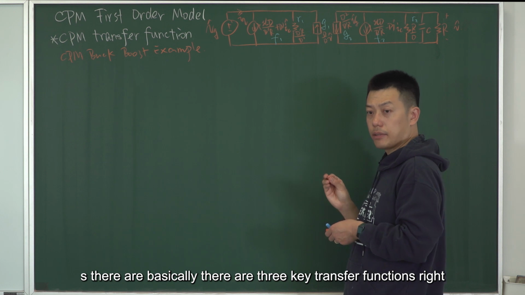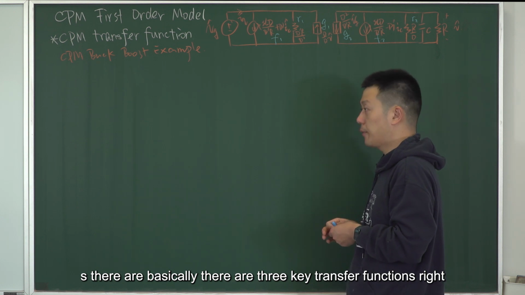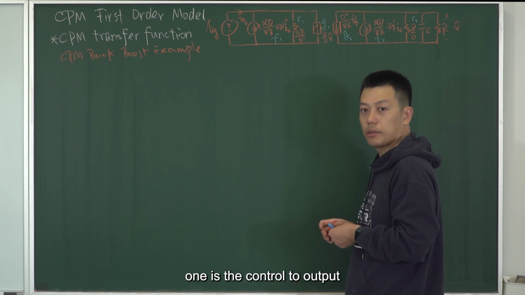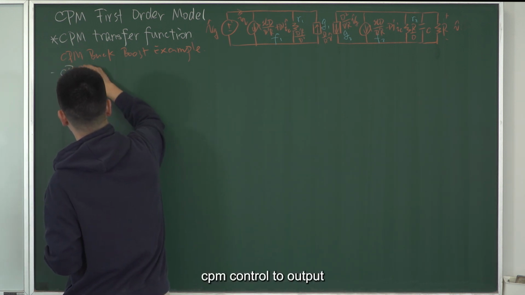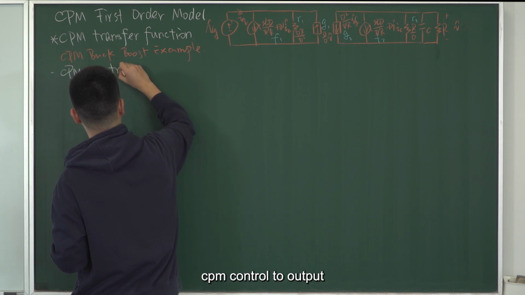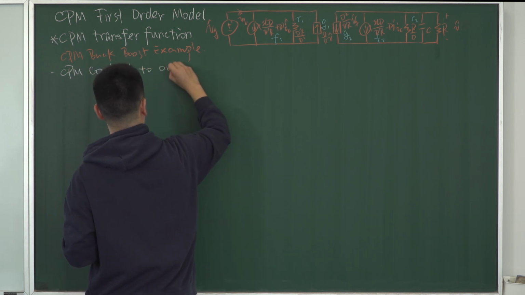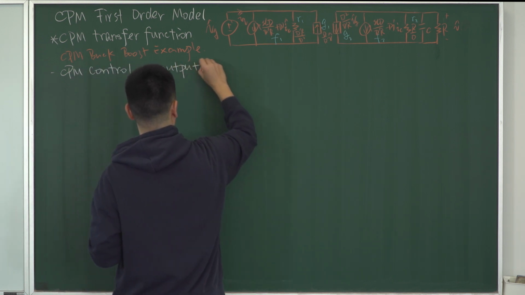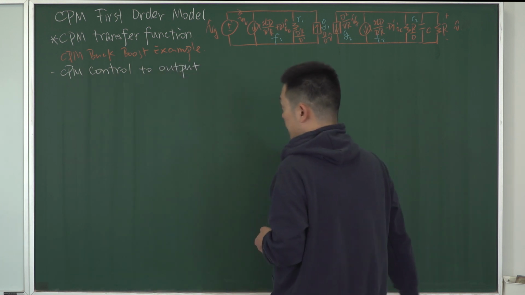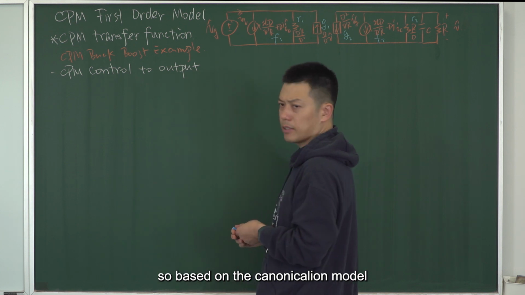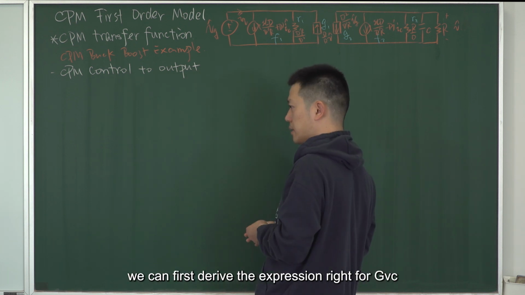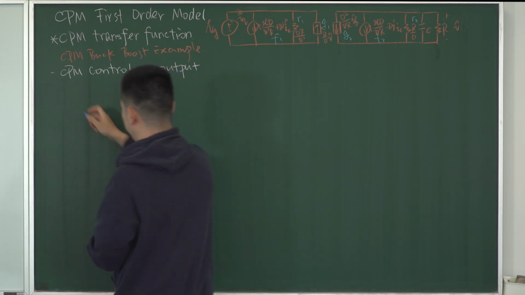There are three key transfer functions, right? One is the CPM control to output. Based on the canonical model, we can first derive the expression for GVC.